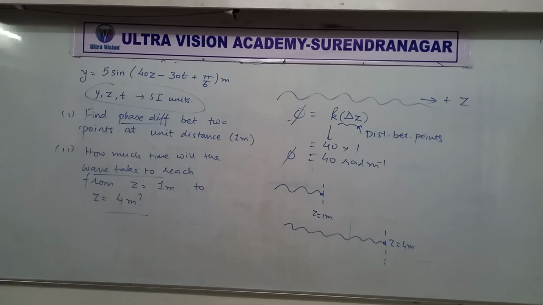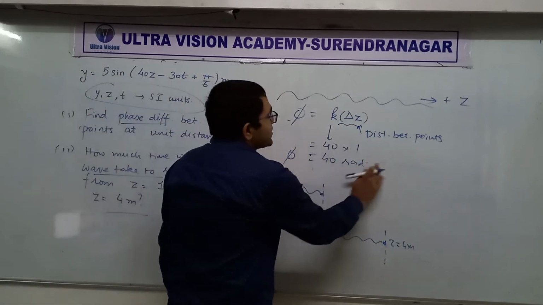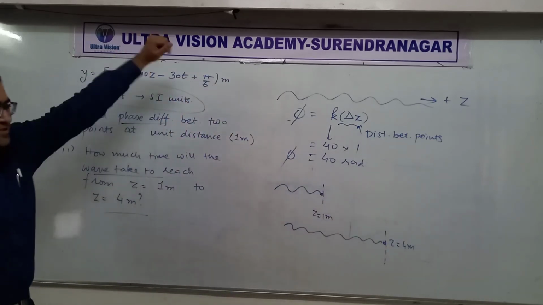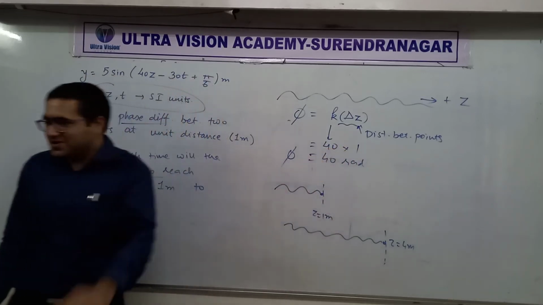Yes, Raj, 40 radian. Phase difference is angle, isn't it? What is SI unit of angle? Okay, yeah, sorry, 40 radian. That was bad on my part. I'm so sorry. I made a mistake over here.